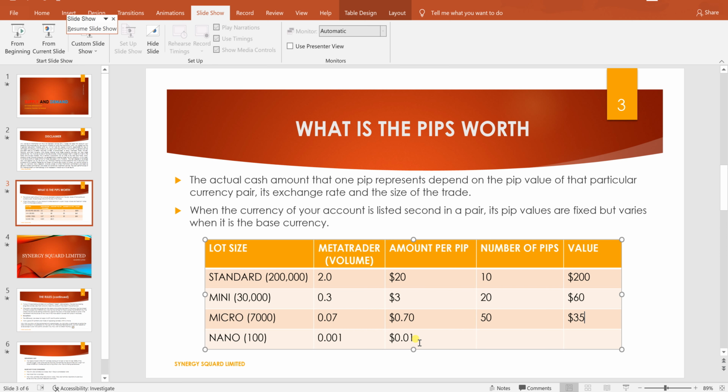Amount per pip is just 1 cent. And on this, if you should cover 10 pips, then the value in dollars will be 10 cents, which is 0.10 dollar. That is what it will be.